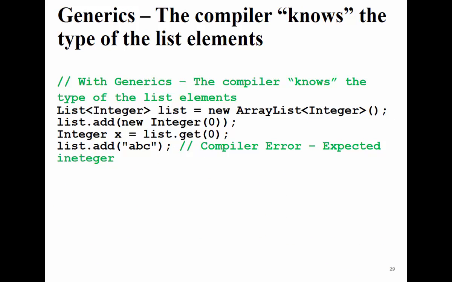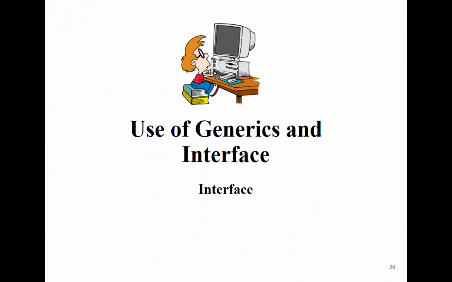This is another thing, a compiler error, just to highlight that here I use a list of integers and I can assign integer 0 and return integer 0, okay? But whenever I decide in my code to add a string, the compiler will reject it and will not allow me to run the program without fixing this problem, okay? So we close the generic type.